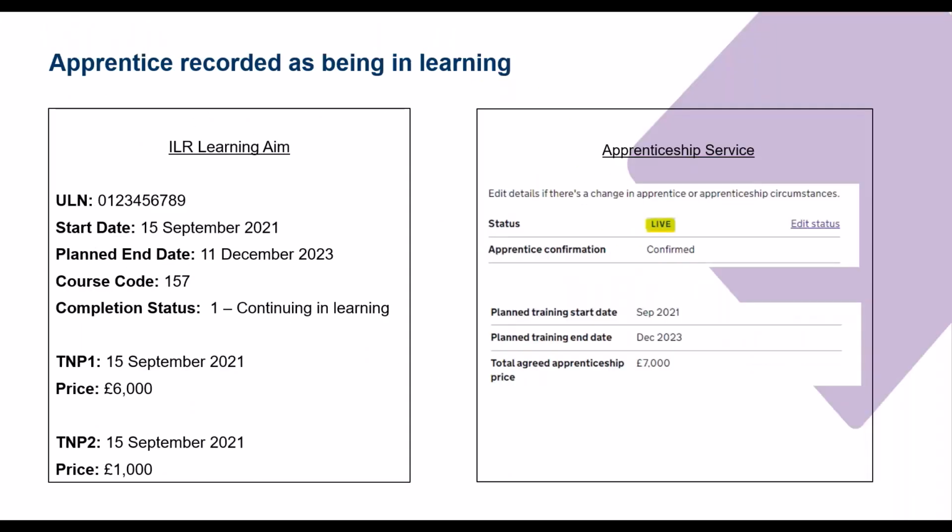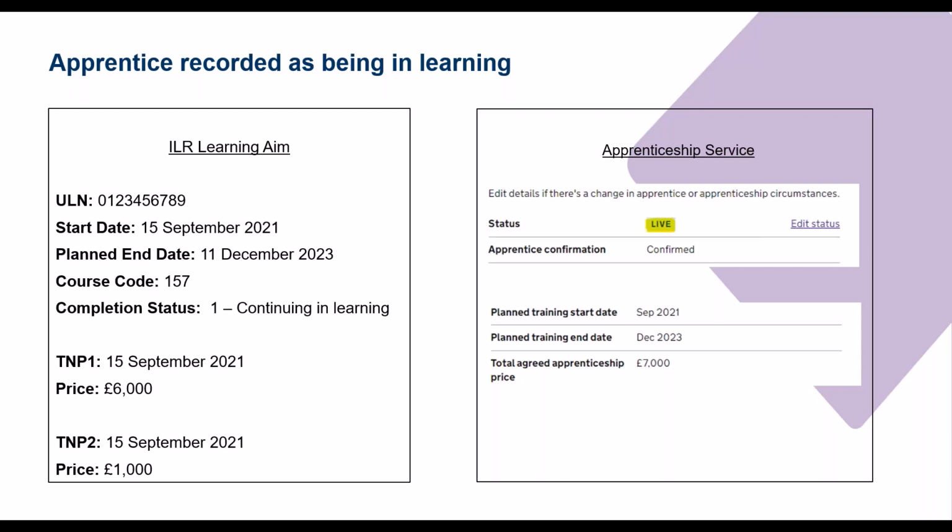Next slide, please. Okay, so this slide simply shows an apprentice who is recorded as live or in learning in the ILR. So on the left, we've got the ILR learning aim with the start date 15th of September 21, the planned end date 11th of December 23, the course code is 157, and the completion status is set to 1, which is continuing in learning.